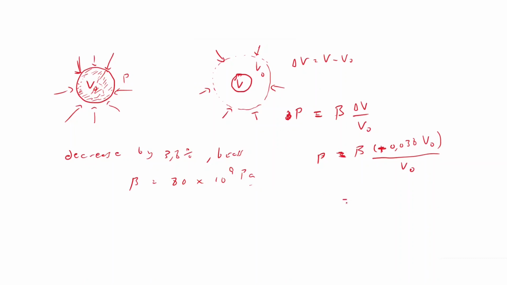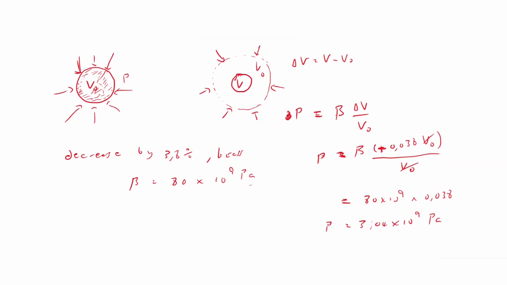All right. So in this case, you have 80 times 10 to the power 9 multiplied by 0.038. Remember, these are going to cancel. So the pressure that will be experienced is 80 times 10 to the power 9 multiplied by 0.038, and this is going to be 3.04 times 10 to the power 9 pascals.